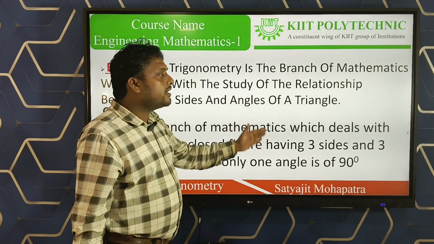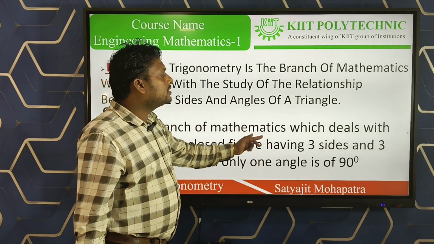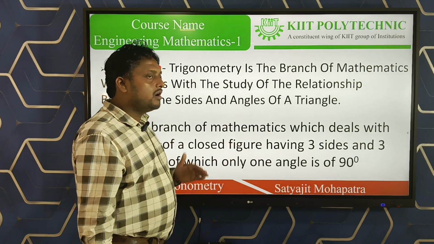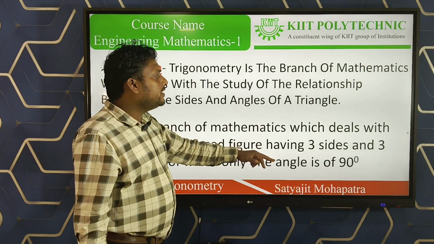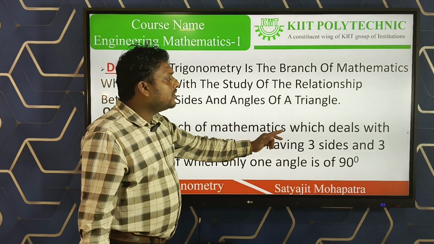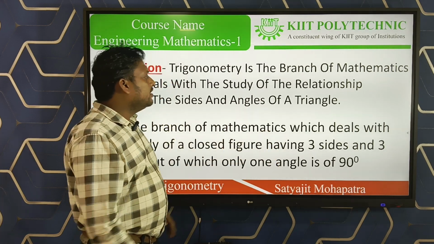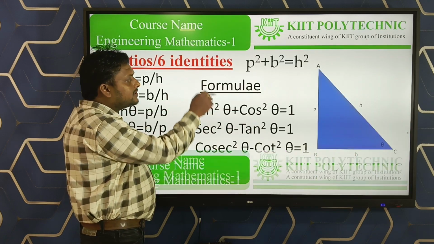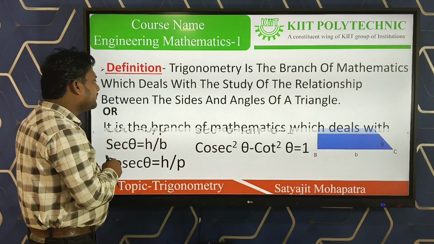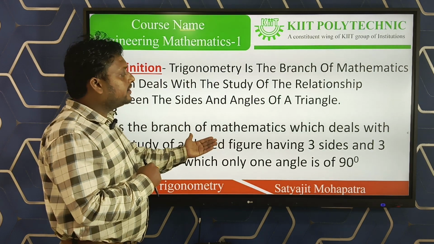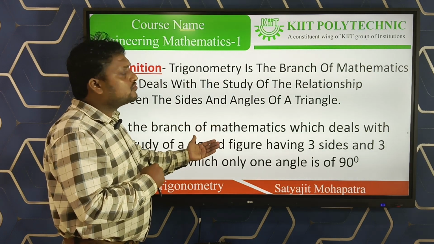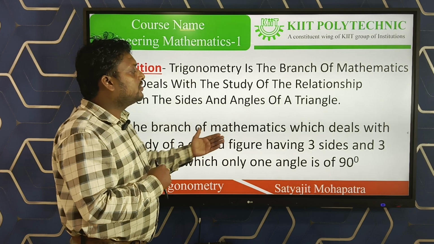All other 2 angles are acute angles, comprising all 3 to 180 degrees. All of you know the sum of 3 angles of a triangle is 180, out of which one angle must be exactly 90 degrees. And the total chapter actually resides on that right angle triangle, and that becomes a source of trigonometry.